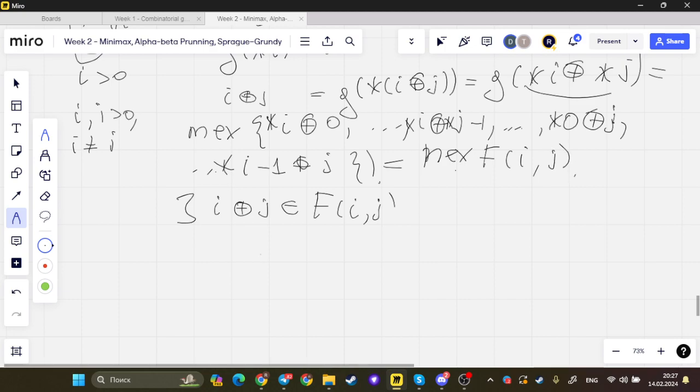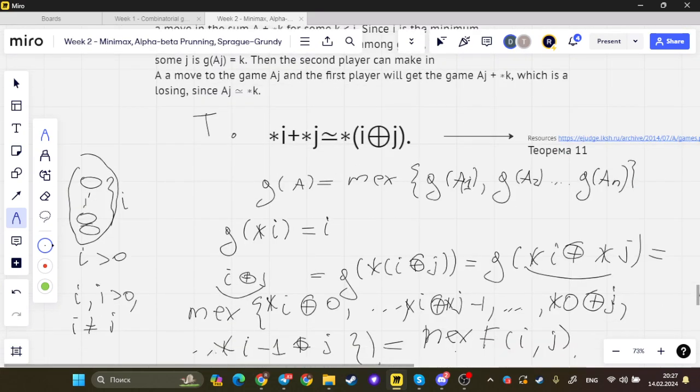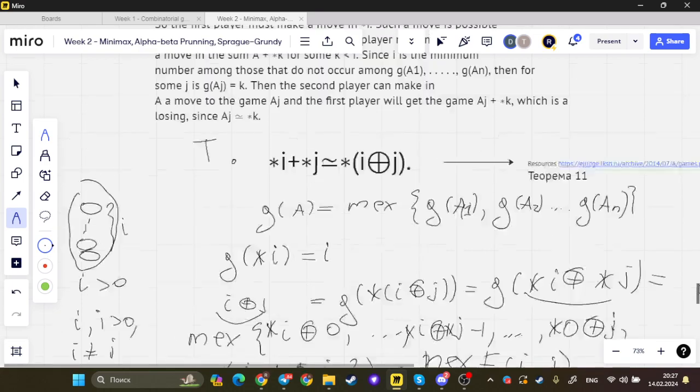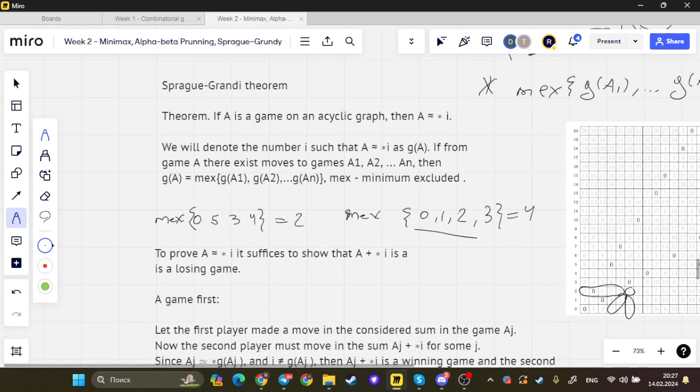We want to prove that this number does not belong to this set, and that we don't have any number less than it that does not belong to this set. It means if we prove this, the max of this set will be equal to e plus g, because all the numbers are less than e plus g.